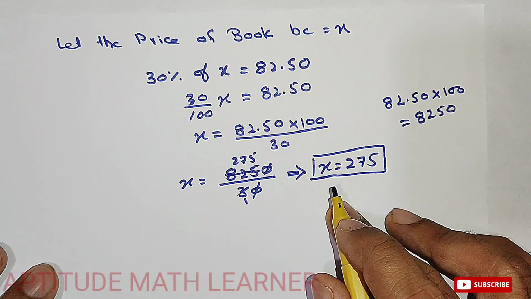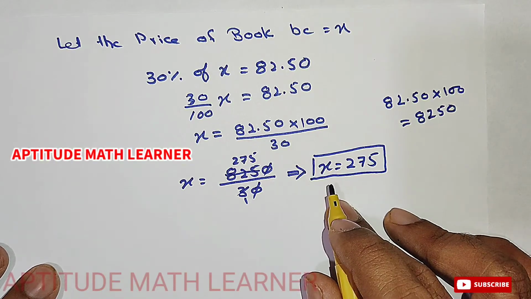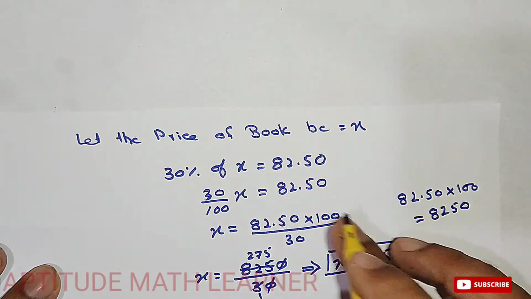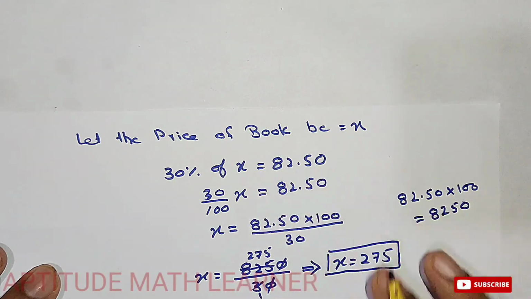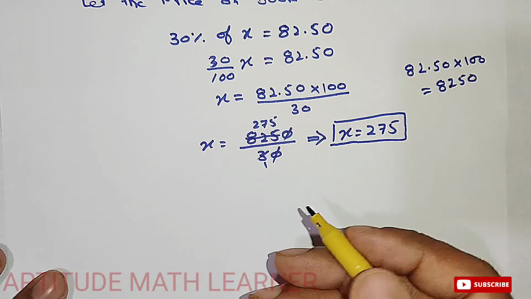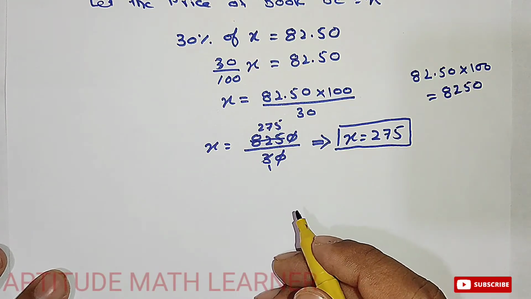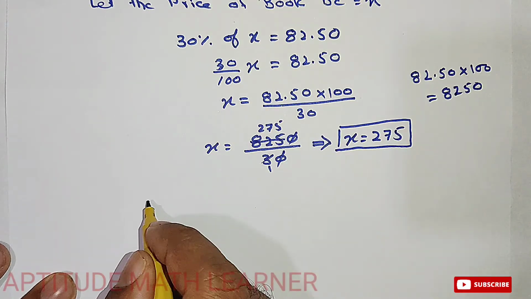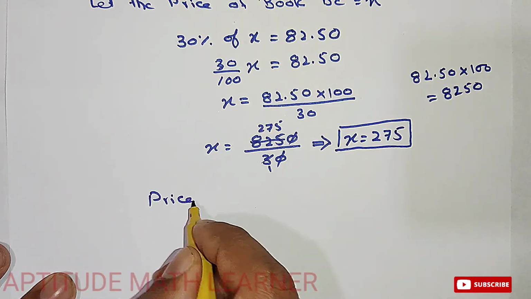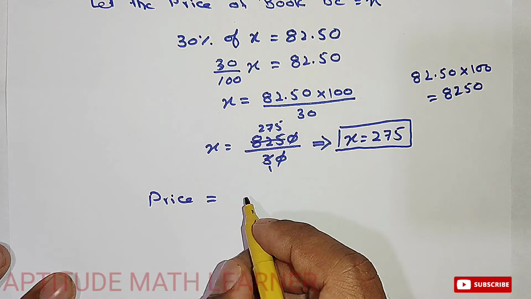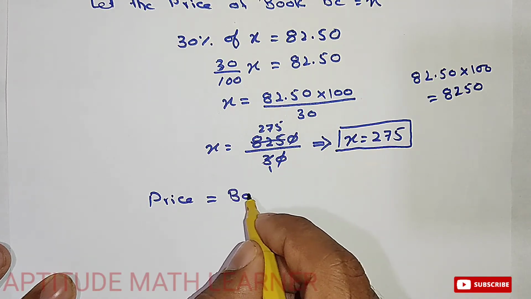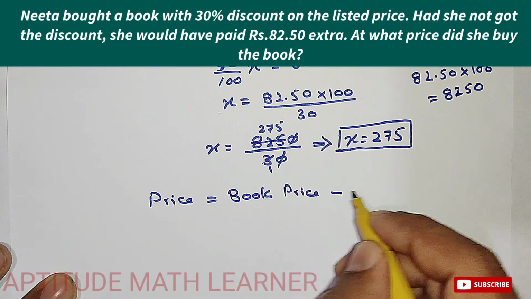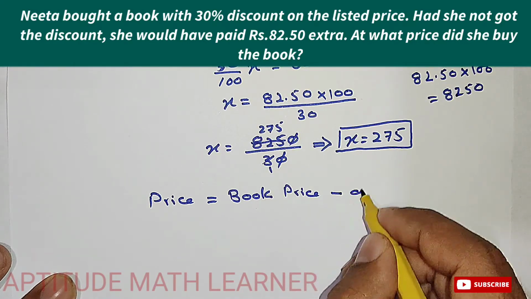And now she got a discount of 82.50. So the price she paid is equal to the book price minus the discount.